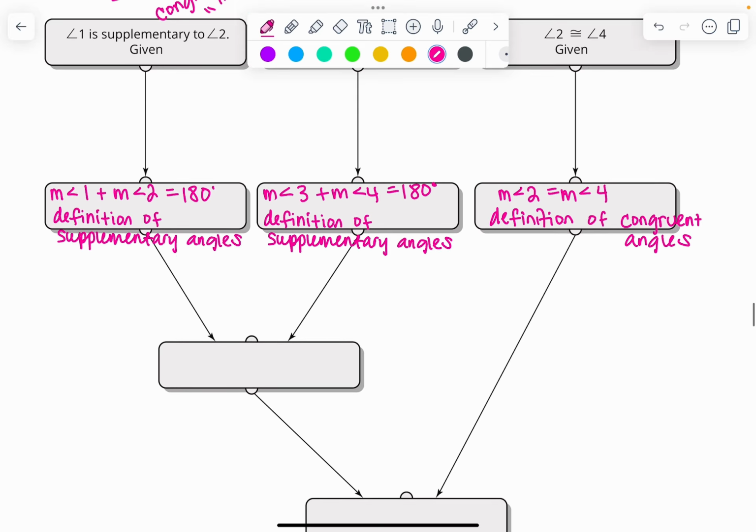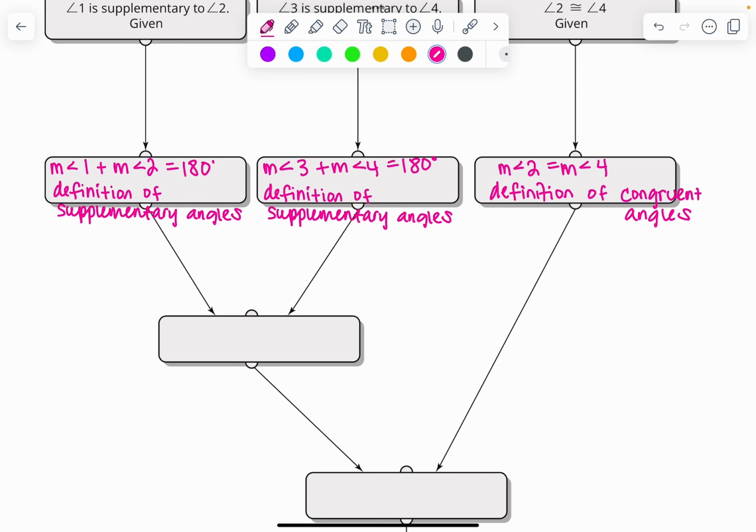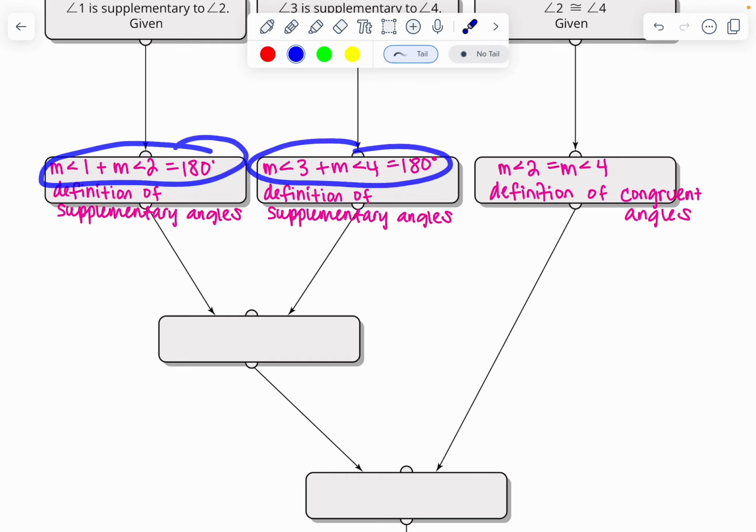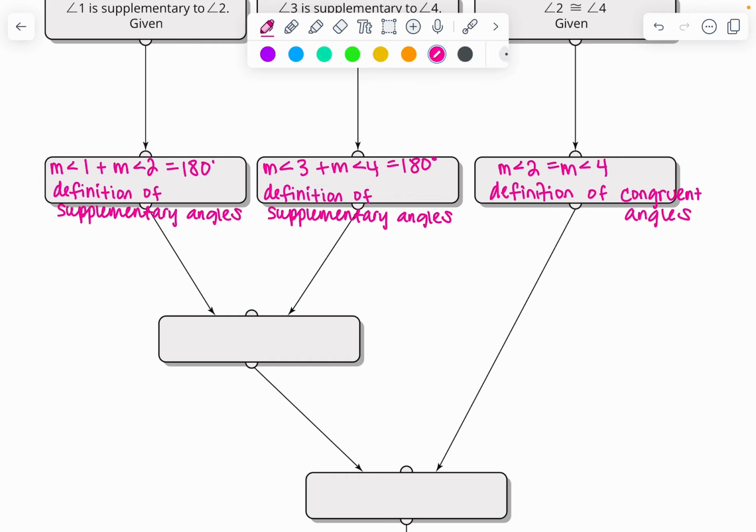Moving on to the next box here, we see that if both of these are equal to 180, then we can assume that both of these are equal to each other, like this. And that is by the transitive property.